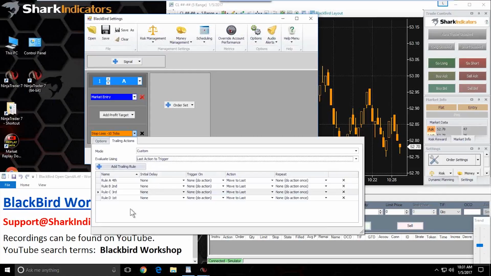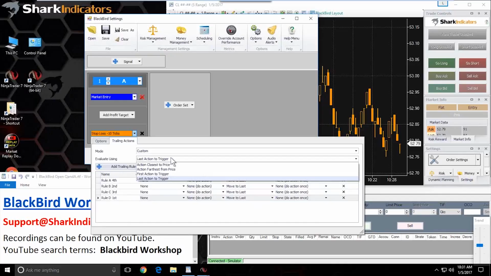So let's see. In the example here, Jeff is saying if B and D are the ones trying to execute, then the evaluate using here is deciding which of B or D actually gets executed, because you can't execute two rules at the same time, right?